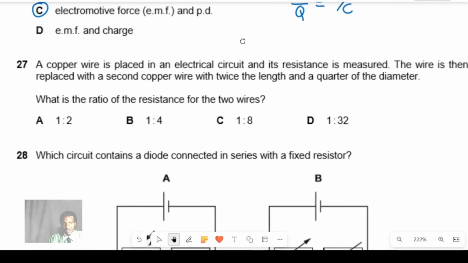Number 27. A copper wire is placed in an electrical circuit and its resistance is measured. The wire is then replaced with a second copper wire with twice the length and a quarter of the diameter. What is the ratio of the resistance of the two wires? All right, so you have the first copper wire.